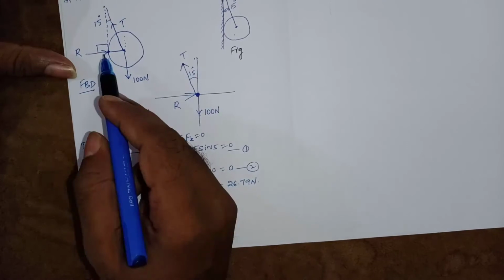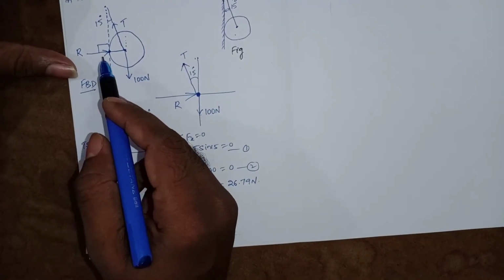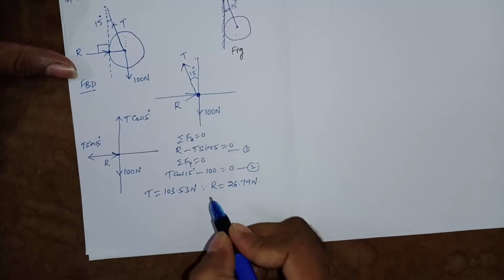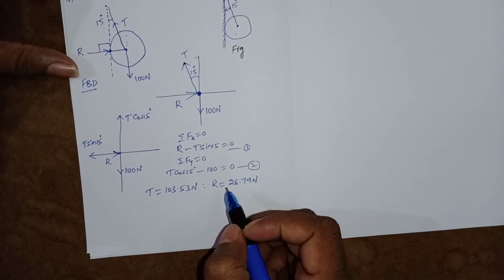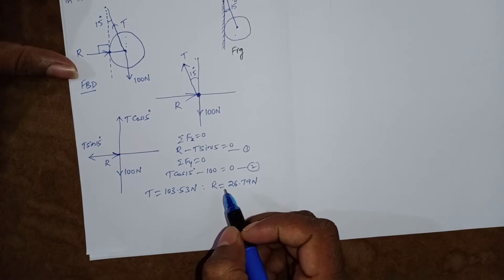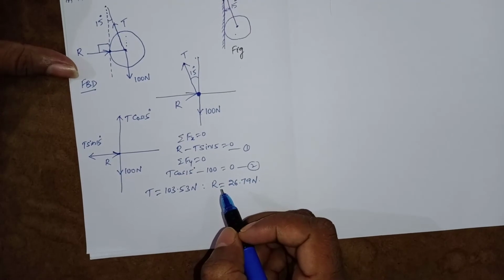assumed direction is correct. If we assume the R direction along negative x-axis, then we'll get R equal to minus 26.79 Newton. That means the minus indicates that the assumed direction is wrong, and that force is going to act opposite to that assumed direction.